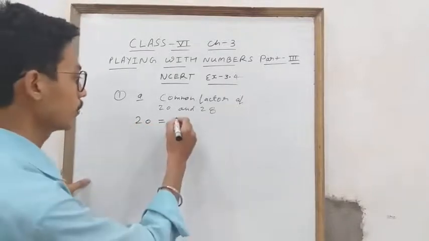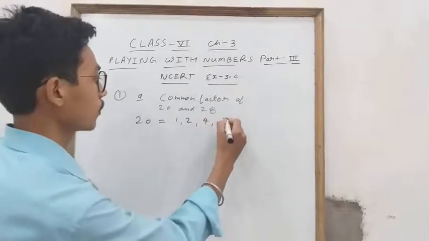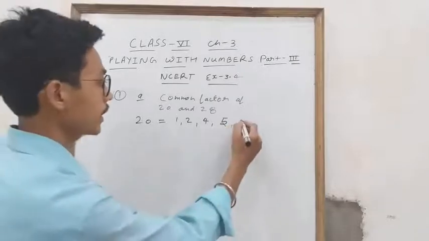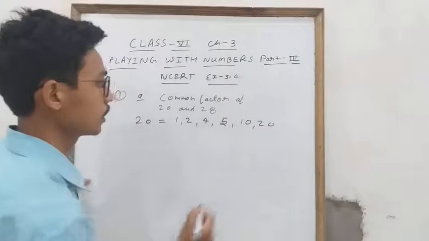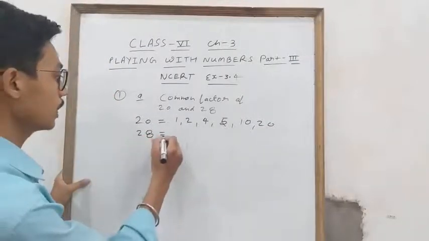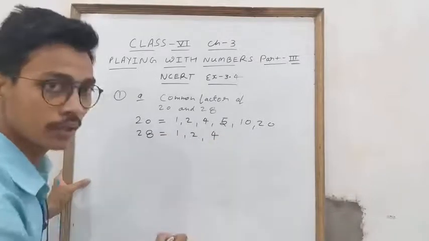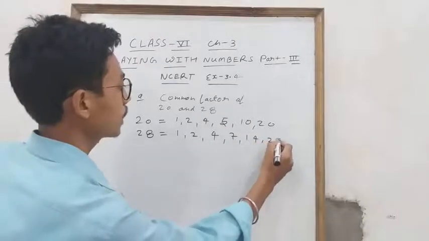You know that 1, 2, 4, 5, 10 and 20. These are the factors, meaning which divide 20 properly. Now next 28, student, you will write down 1, 2, 4, 7, 14 and 28.